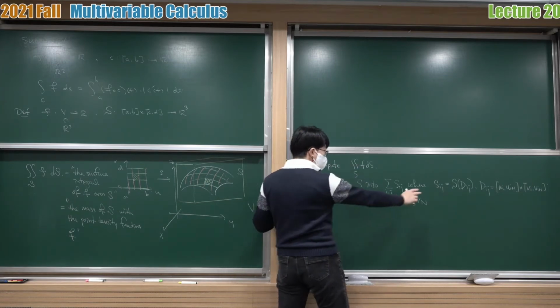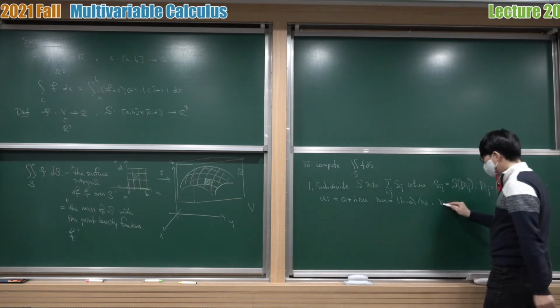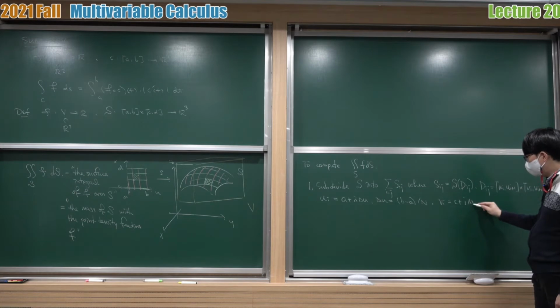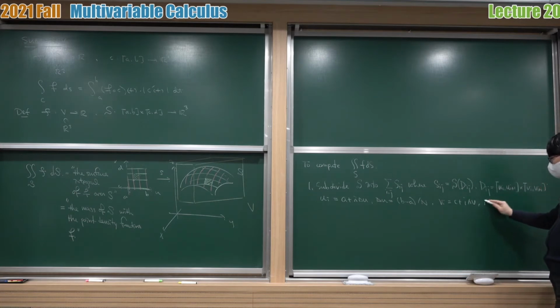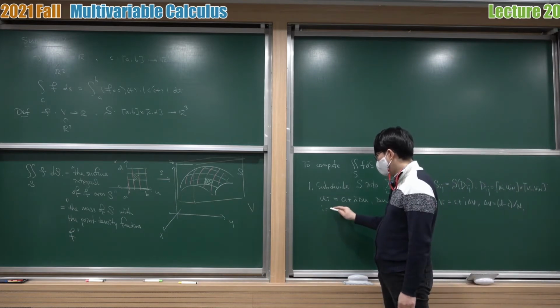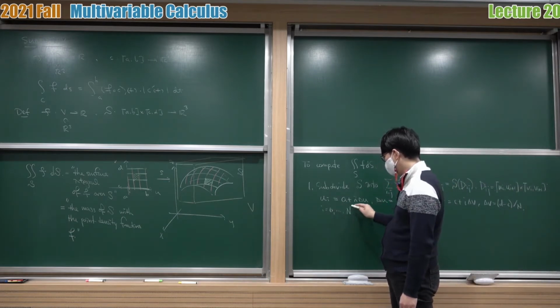And also vj is c plus j delta v, and delta v is (d minus c) over n. So I'm basically dividing my ab interval and cd interval into n subintervals, and then labeling them from 0 to n minus 1, and i from 0 to n. Okay.